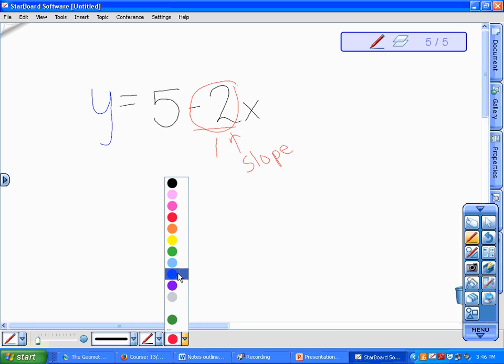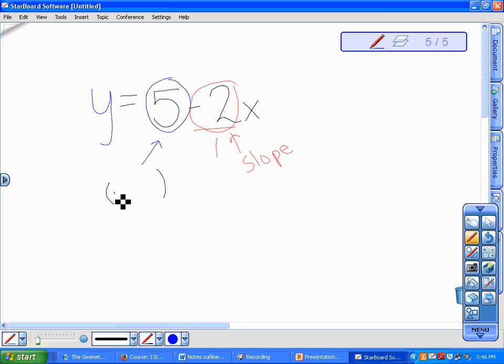If -2 is the slope, 5 is the y-intercept. So now we know that our y-intercept is at (0, 5), and our slope is -2 over 1.